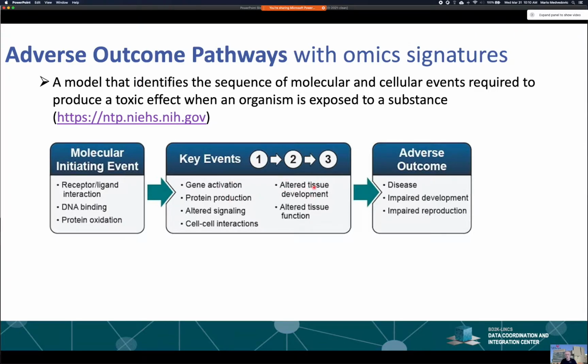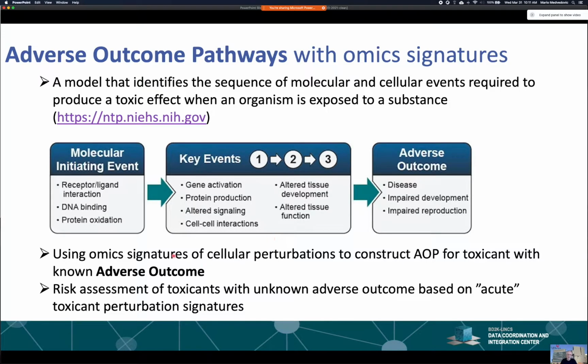And then these changes in the proteome ultimately will change the functioning of the tissue and can cause changes in tissue development or function, ultimately leading to an adverse outcome, which is a disease or impaired development or reproduction. So how do we use omic signatures in this context, right?